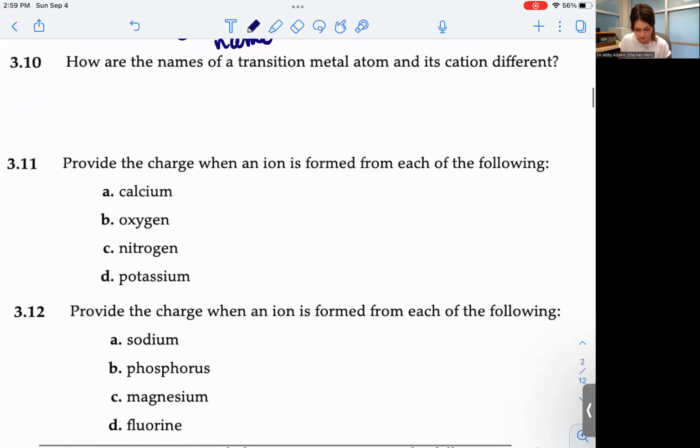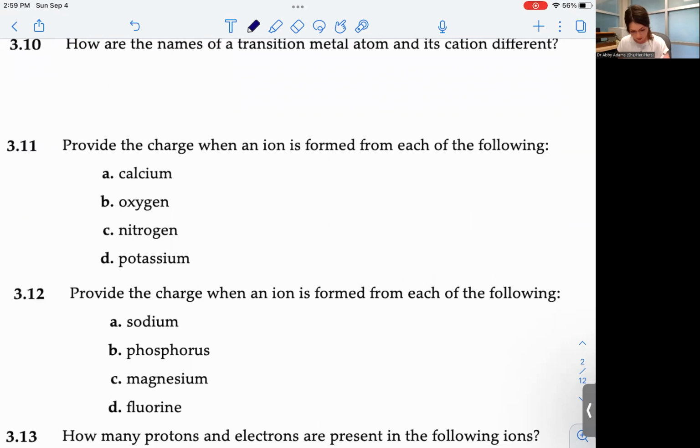So 3.11, calcium. Provide the charge when an ion is formed from each of the following. So first is calcium. What's going to be the charge when an ion is formed? Calcium is in group 2A, so we know that that's just going to be +2. We went over that.